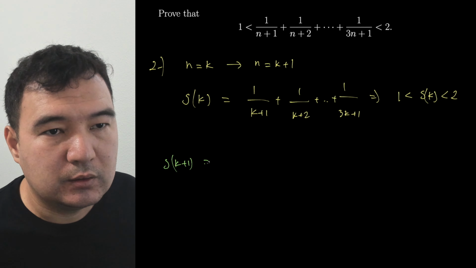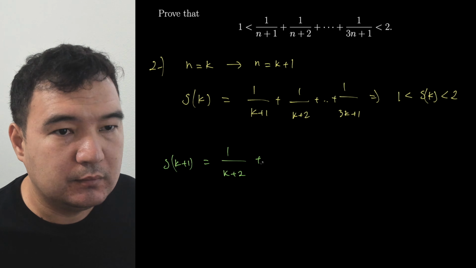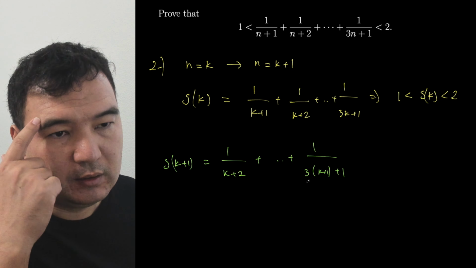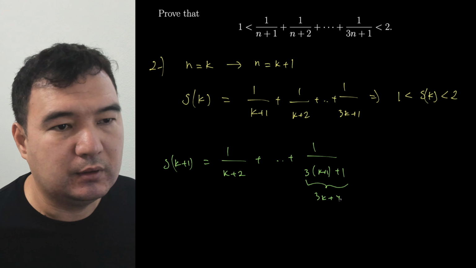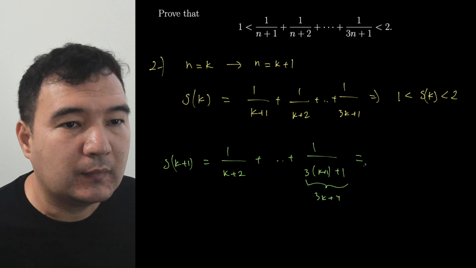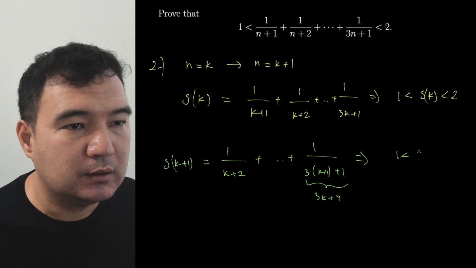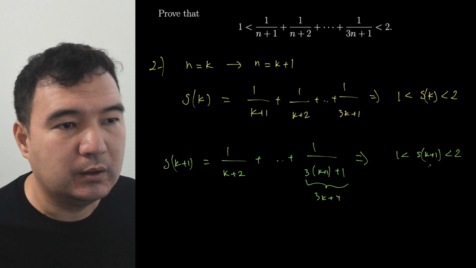Sk plus 1 is going to start from k plus 2 all the way to 3 times k plus 1 plus 1, right? This is 3k plus 4 if you open the parentheses. And we want to prove that Sk plus 1 is also between 1 and 2.